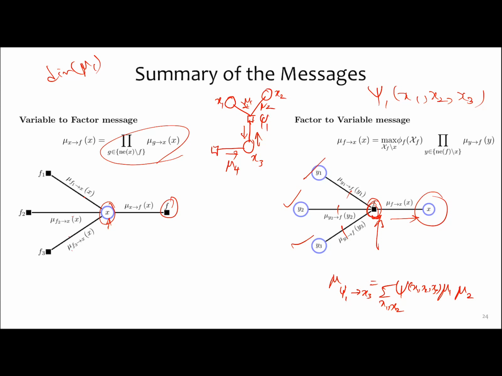And mu2 comes from x2, so it's going to be the cardinality of x2. They don't have to be the same. One of them can be, I don't know, 2, the other one can be 10. But you're doing an outer product, not an orthogonal product. Yes, so it's going to be 2 by 10.